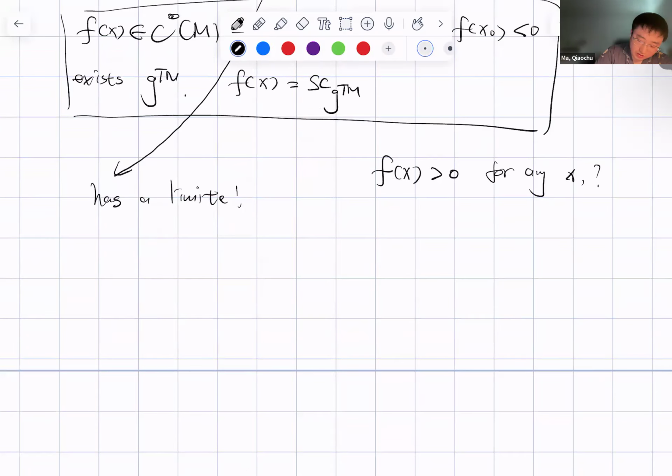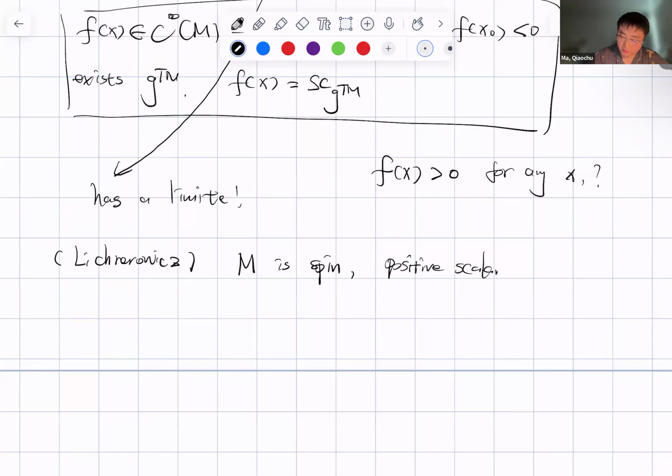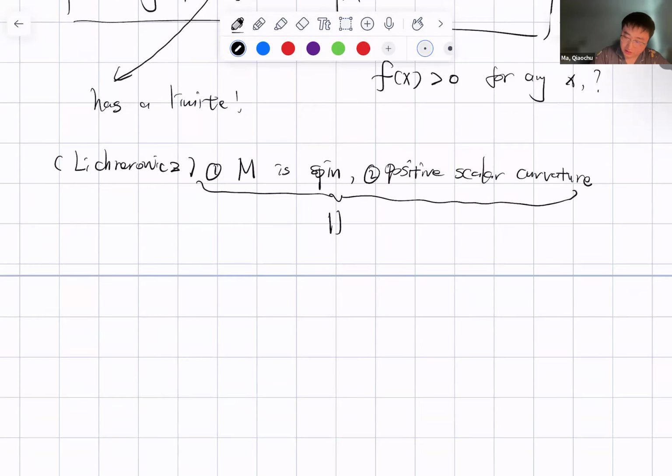This is the Lichnerowicz formula. The Lichnerowicz theorem asserts that if M is spin and has a metric with positive scalar curvature, these two conditions together imply that the A-hat genus of this manifold is 0.